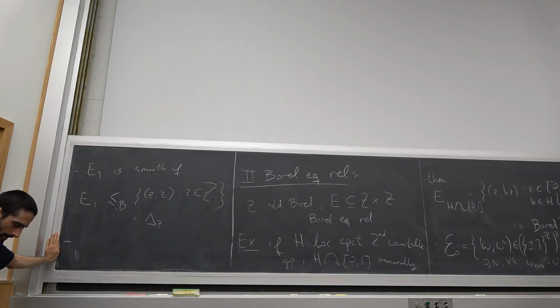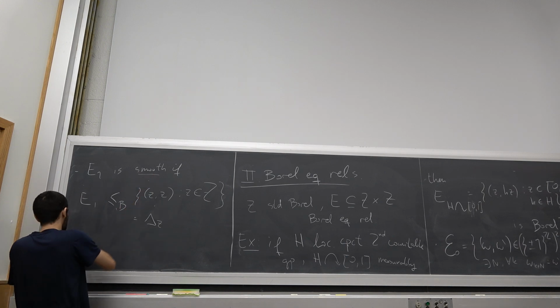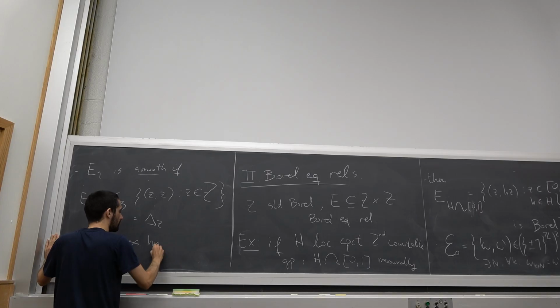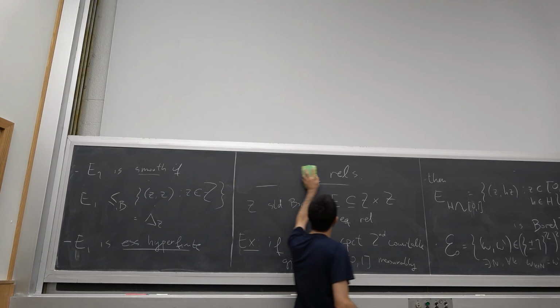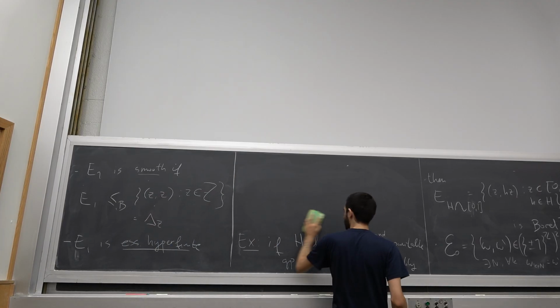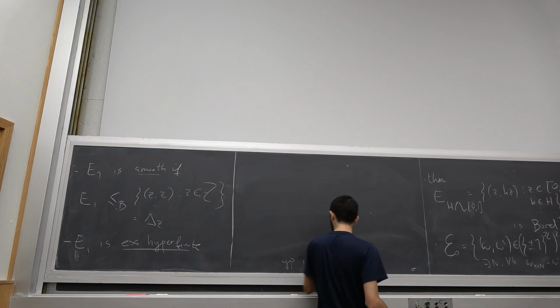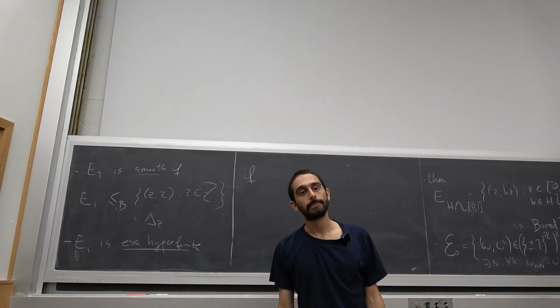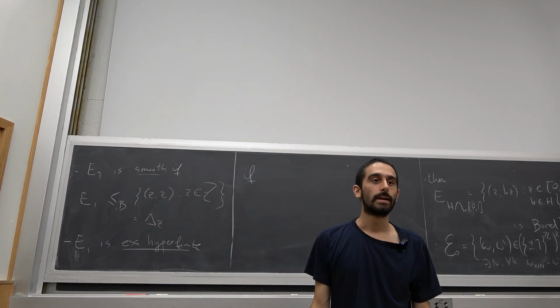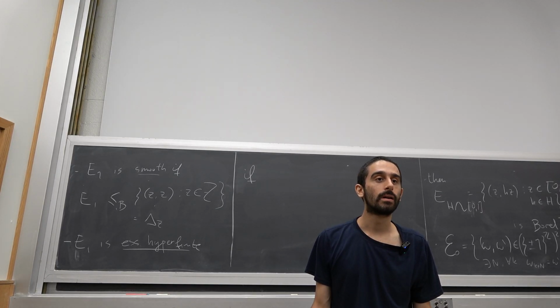Next. E1 is essentially hyperfinite. Uniqueness of actions?